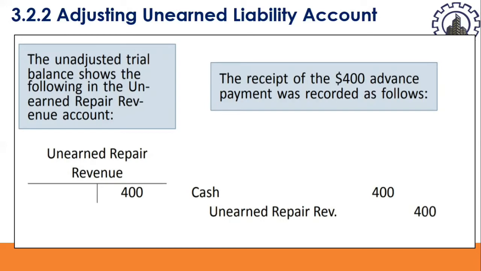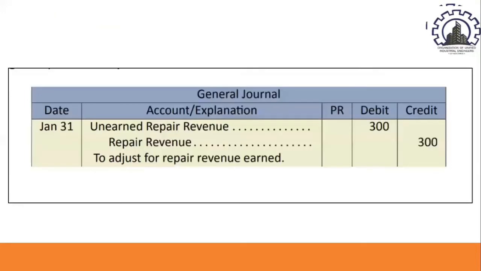Okay. Now, at January 31st, $300 of the $400 unearned amount has been earned already. And therefore, $300 must be transferred from unearned repair revenue into repair revenue. And the adjusting entry at January 31st would be this one.